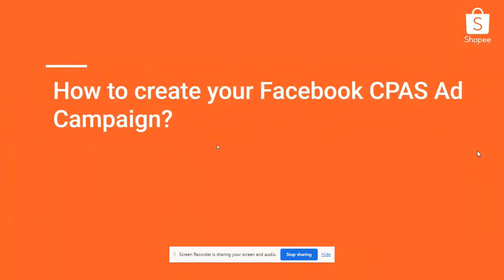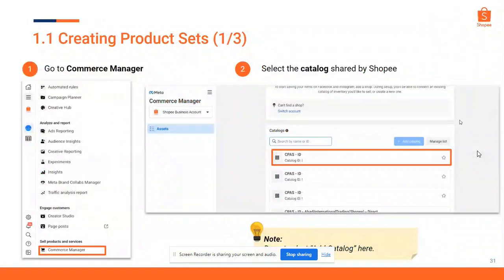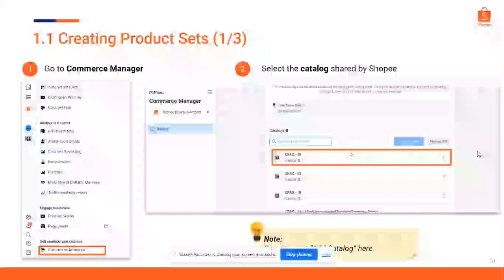So right now, if you're interested to start with CPAS, you need to go to the Commerce Manager. But before that, you have to download the Facebook Business Manager first. Once you log in to your Facebook Business Manager, you go to Commerce Manager at the bottom. Then you choose the CPAS ID.